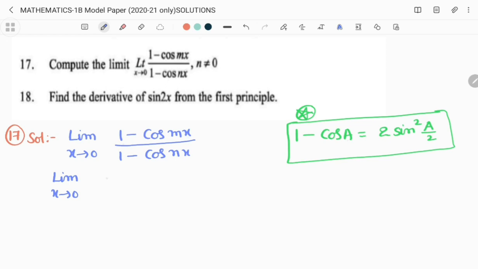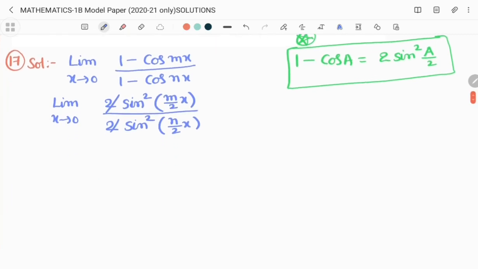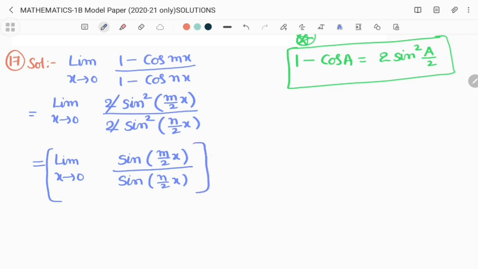So 1 minus cos mx can be written as 2 sin square mx by 2, that means m by 2 x, divided by 2 into sin square nx by 2. So here 2 gets cancelled. Both are having squares in the limits. So limit x tends to 0, sin of m by 2 x by sin of n by 2 x, whole square.